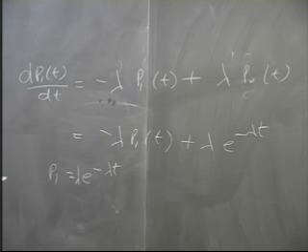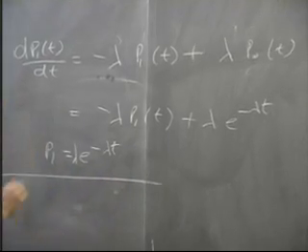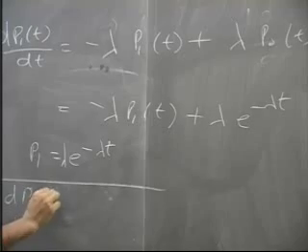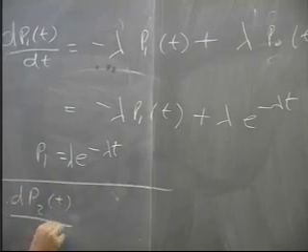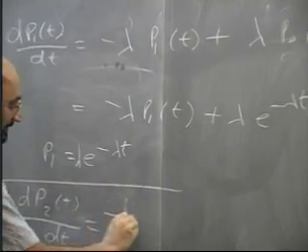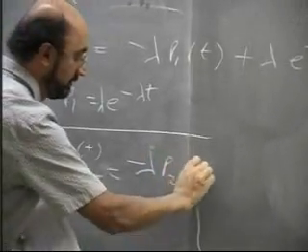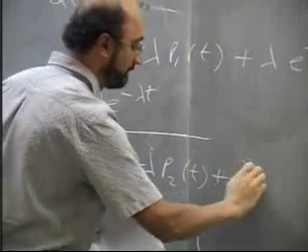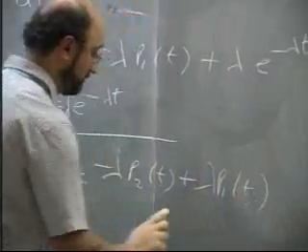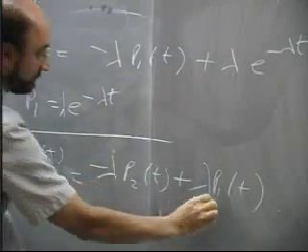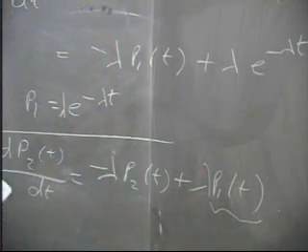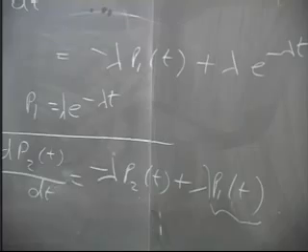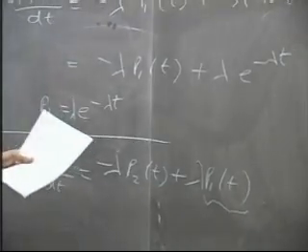If you do p2(t), same thing: dp2(t)/dt equals minus lambda p2(t) plus lambda p1(t). Now I can substitute p1(t) over here as lambda t e to the minus lambda t, and I get basically lambda squared t e to the minus lambda t.